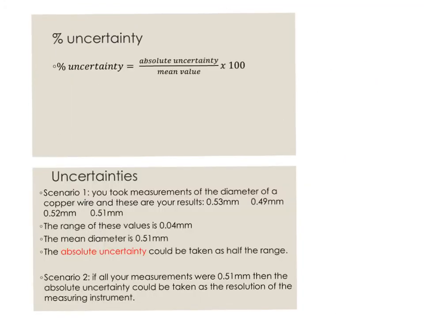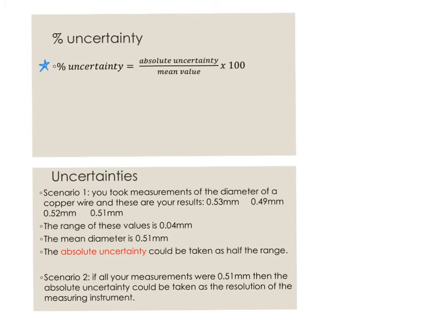So this is an equation that you should write down in your notes about how to calculate the percentage uncertainty of any single measurement. It's going to be the absolute uncertainty divided by the mean value, or the actual value if you only have one single measurement, times that by 100 and you get the uncertainty. Usually, the lower the percentage uncertainty, the better the value that you have.